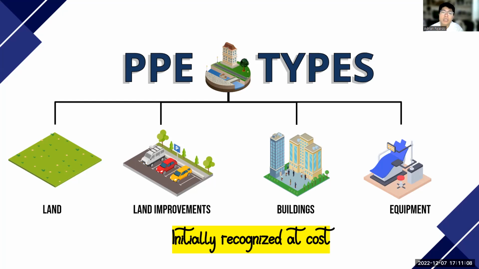What else? Fences that are not for safety, light posts, driveway, parking, pavements, land improvement. Building, excavation, borrowing cost, interest, temporary buildings, building. Equipment, purchase price, lettering, assembling, painting. So you should know that.